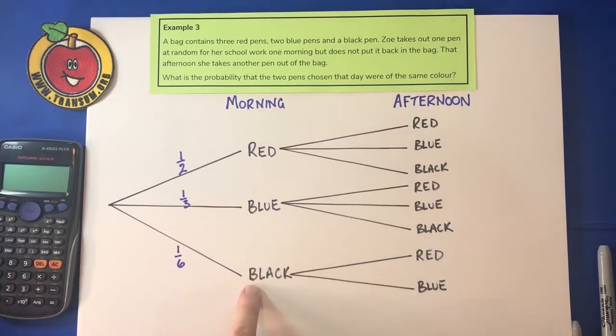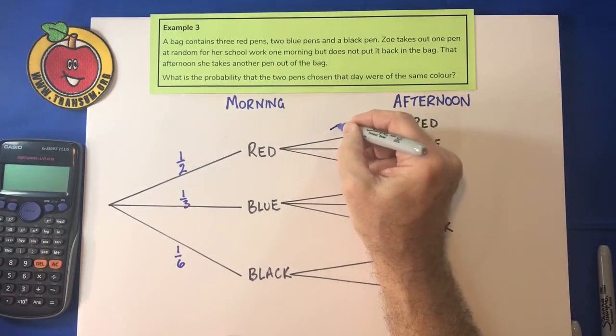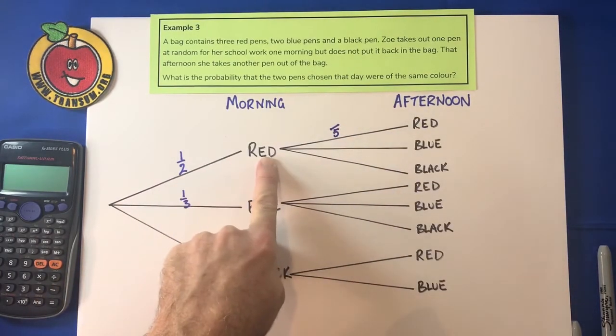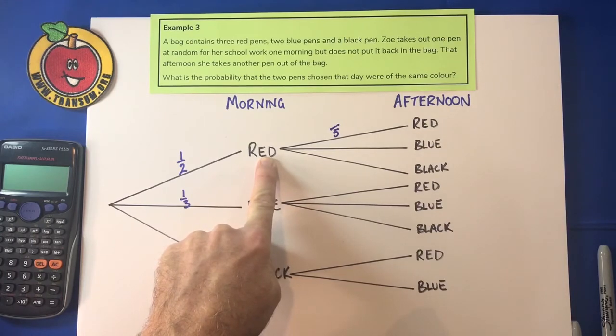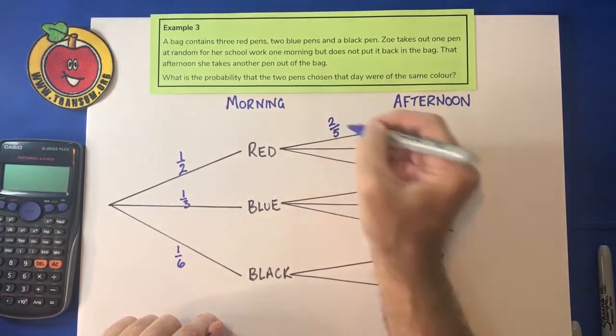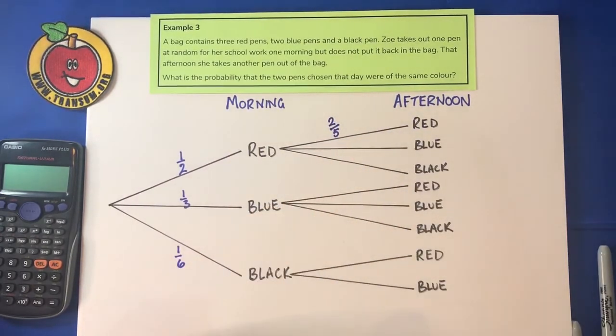Now, when she's taken 1 pen out of the bag, there are only 5 pens left in the bag. So I know that these fractions are going to have a denominator of 5. So if she's taken 1 red pen out of the bag, that will leave just 2 red pens out of 5 in the bag. So that fraction will be 2/5.